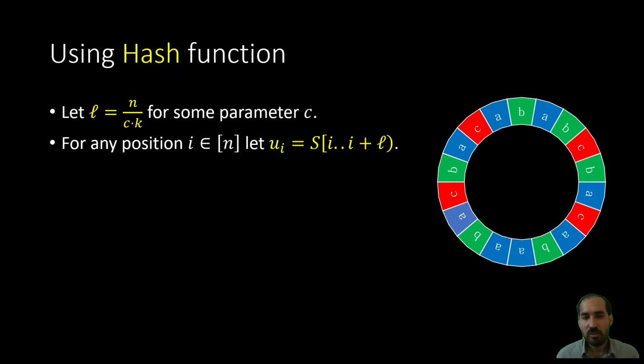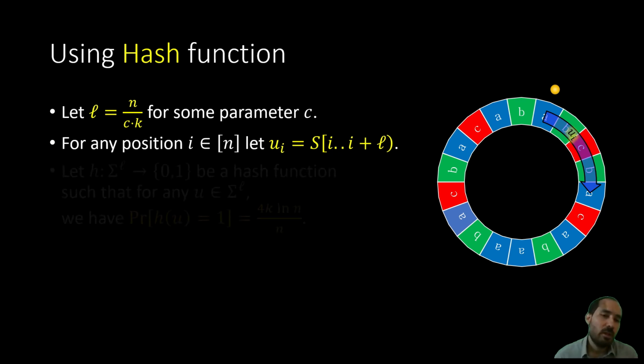And now for any position i, we define u_i to be the substring of S of length L starting at position i. And of course, we consider S as circular, so if i is near the end, then the substring goes on to the beginning after the end.